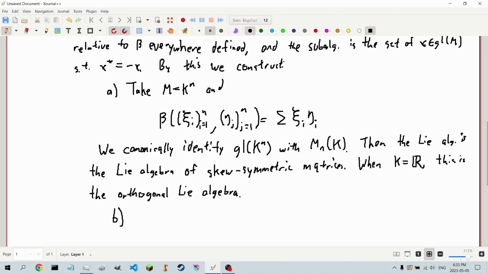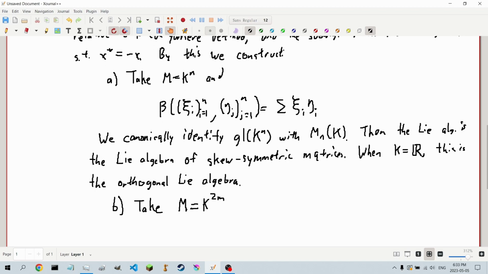Now, in the second example, we're going to take M to be a bunch of K's like before, but this time we guarantee that the dimension is even.